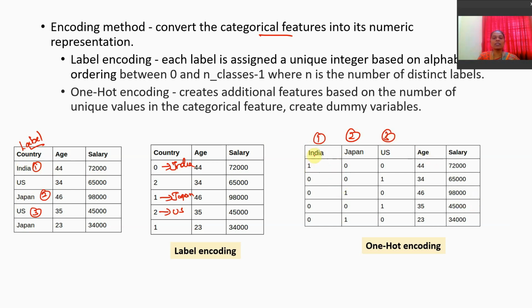Wherever India is there, that column will be 1, and the remaining will be zeros. For Japan, wherever that instance is true, the value is 1, and the remaining is 0. Likewise for US. It creates additional features, or dummy variables, labelled with zeros and ones.